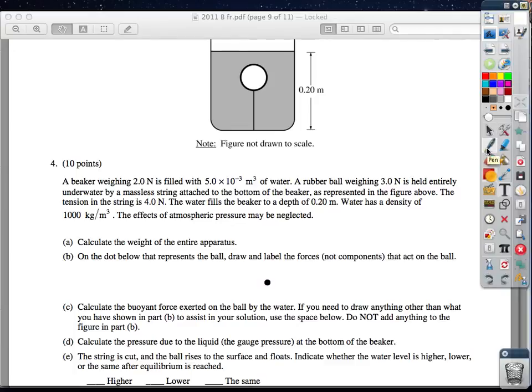So calculate the weight of the entire apparatus. It's got this much, so this is 2 newtons. It's got this much water and a rubber ball of 3 newtons. Okay, so if it has that much water, and you know that 1 cubic meter is equal to 1,000 kilograms, which equals about 10,000 newtons.